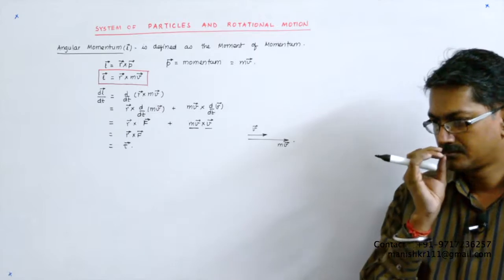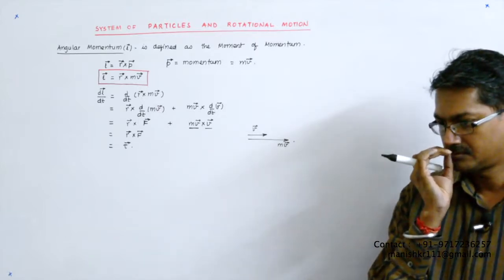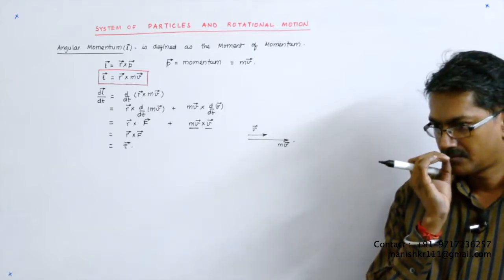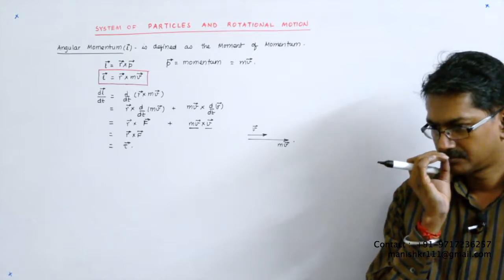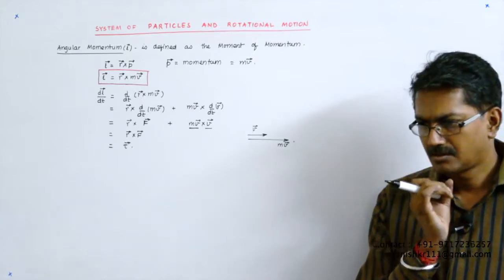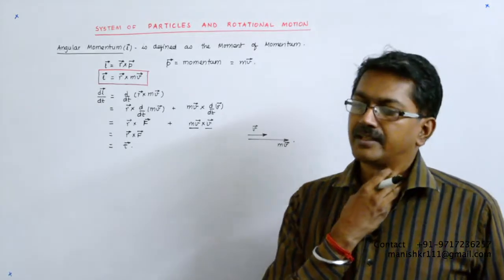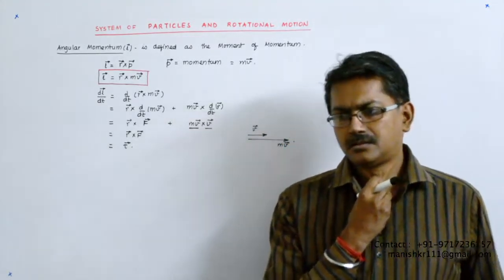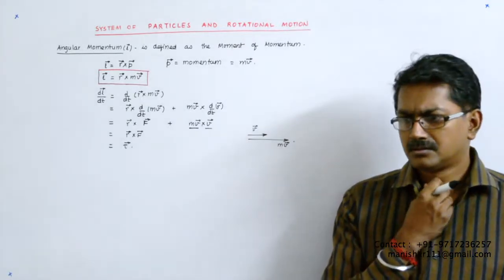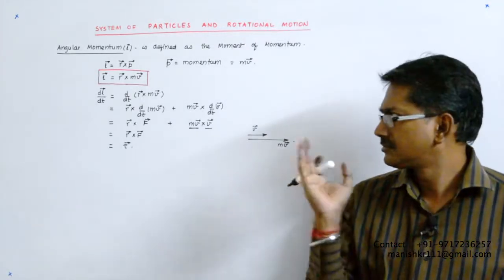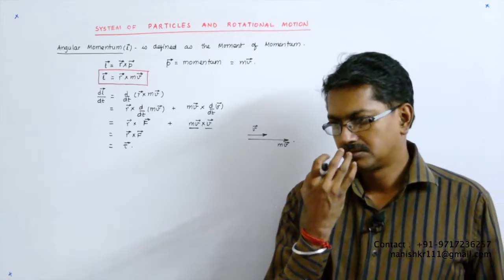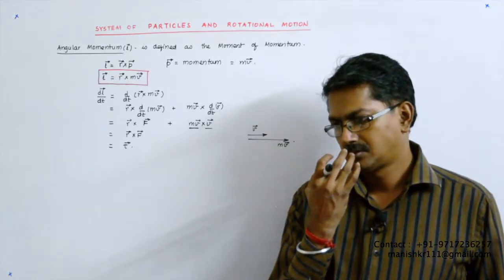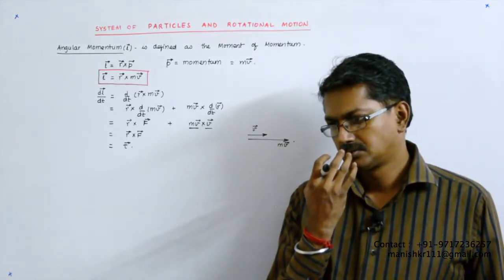Okay, this r cross f is the tau. Yes. Why won't dr by dt be omega? Dr by dt is never omega, because omega is radian per second. So why will dr by dt be v? It will be v. R won't change, it's just going like this.